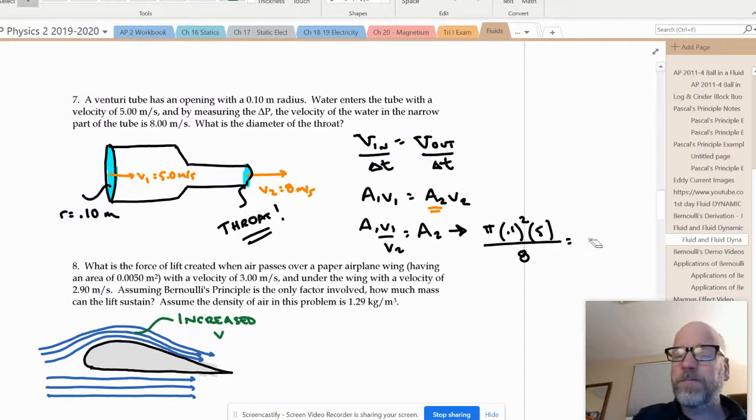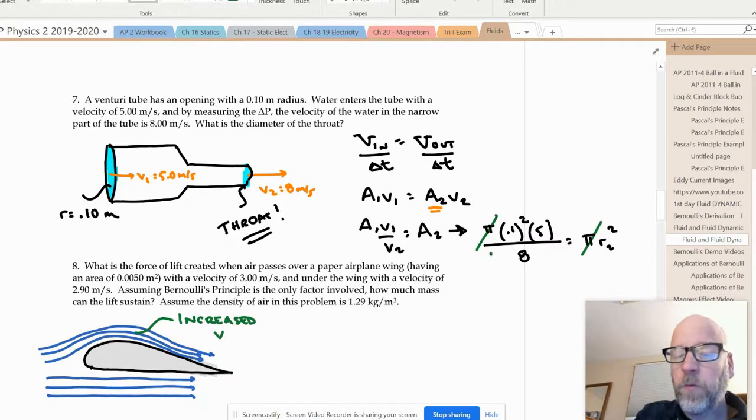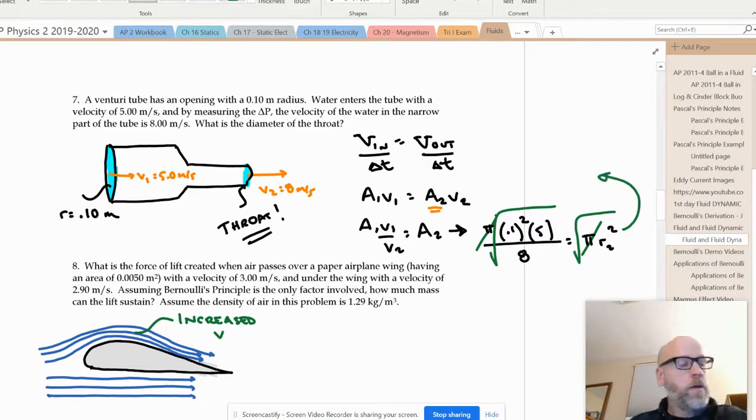That should really be pi R2 squared. So let's take the square root of both sides.